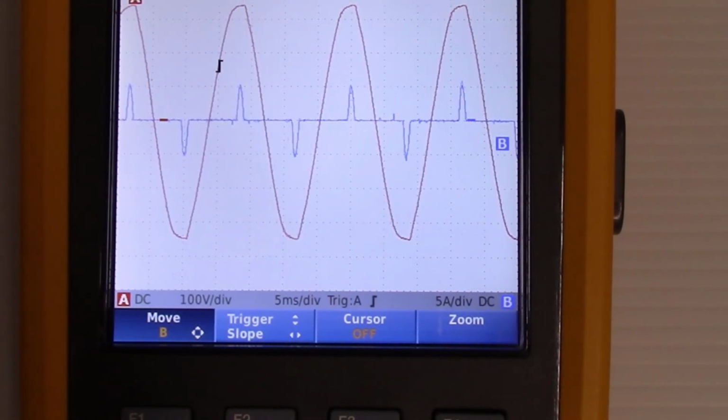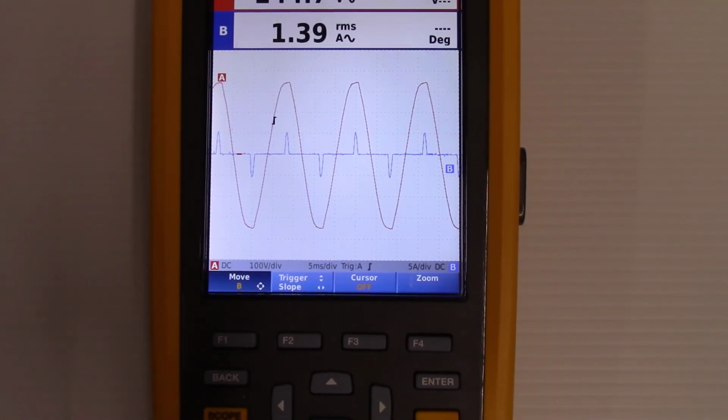So in the next video we're going to measure the current harmonics and how much of that harmonic component is made up of the different subcomponents, like the 3rd, the 5th, the 7th, the 11th, which are very common, and so on. So we'll do that in the next video.